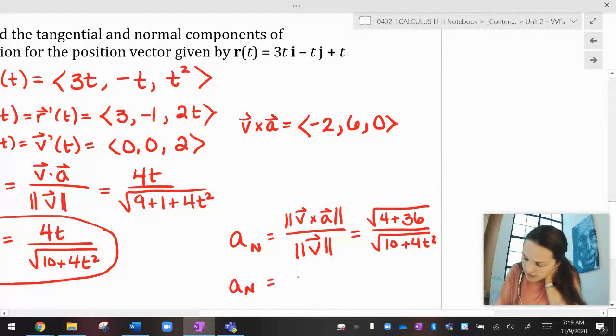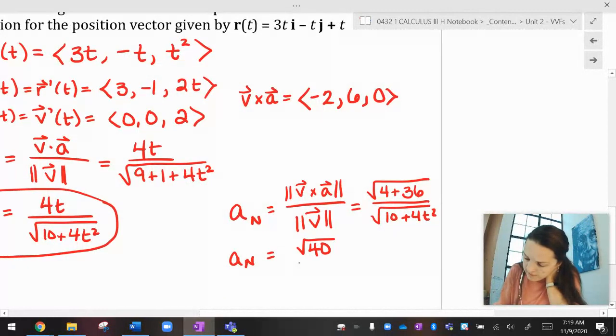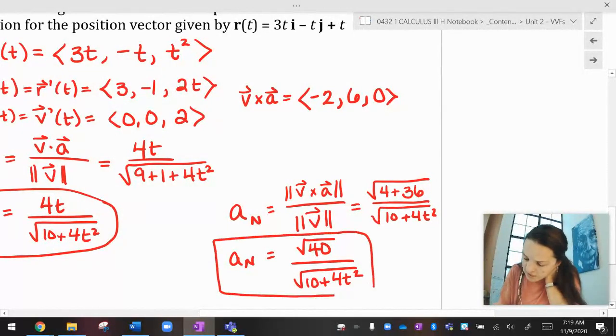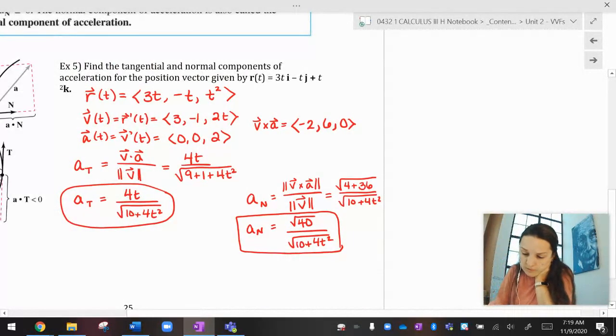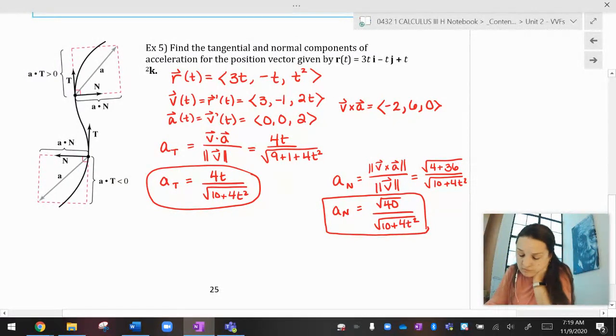So a sub n is the square root of 40 divided by the square root of 10 plus 4t squared. And I'm not even going to simplify that numerator. I'm just going to leave it. Okay, cool. So those are my tangential and normal components of acceleration.